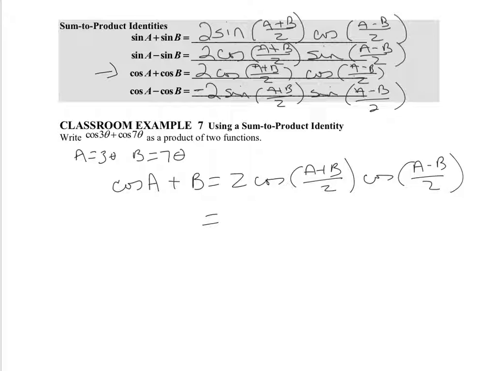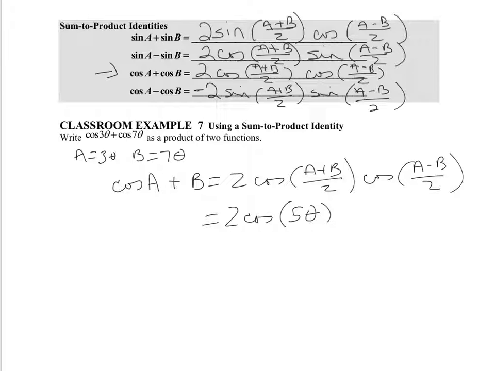So if I'm replacing this using 3 theta for A and 7 theta for B, that's going to be 2 times the cosine of 3 theta plus 7 theta, which is 10 theta. And 10 theta divided by 2 is 5 theta. Does that make sense? Okay.